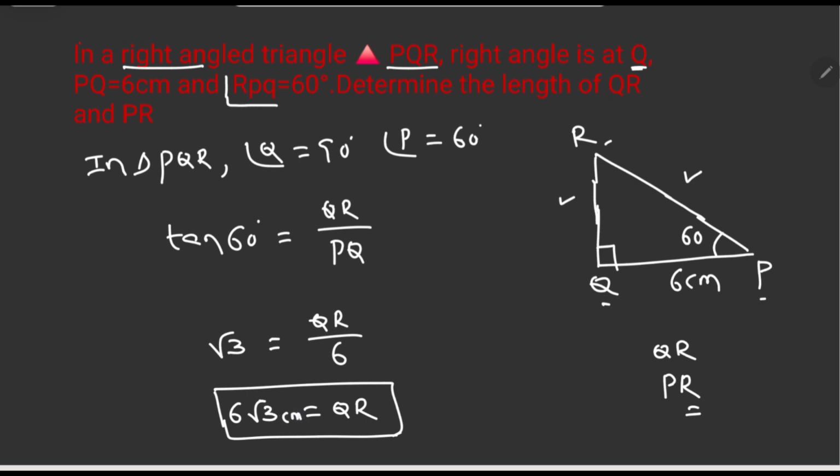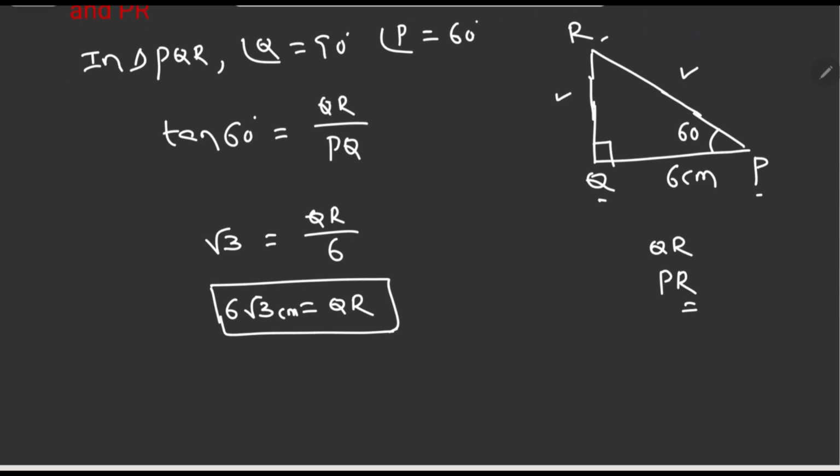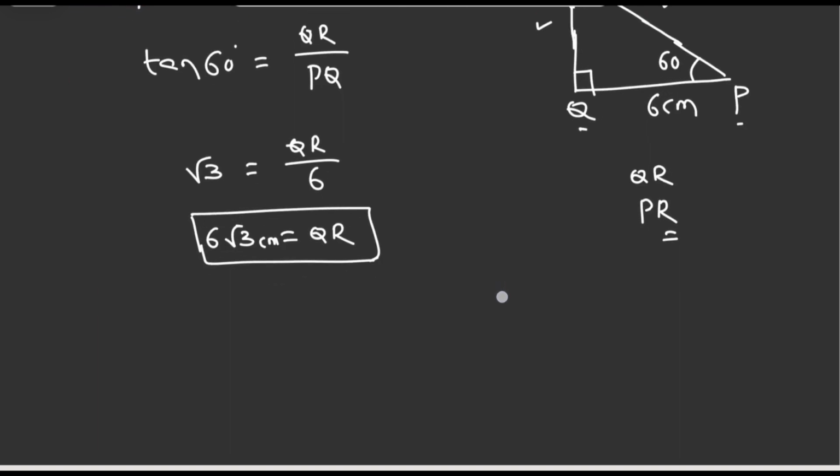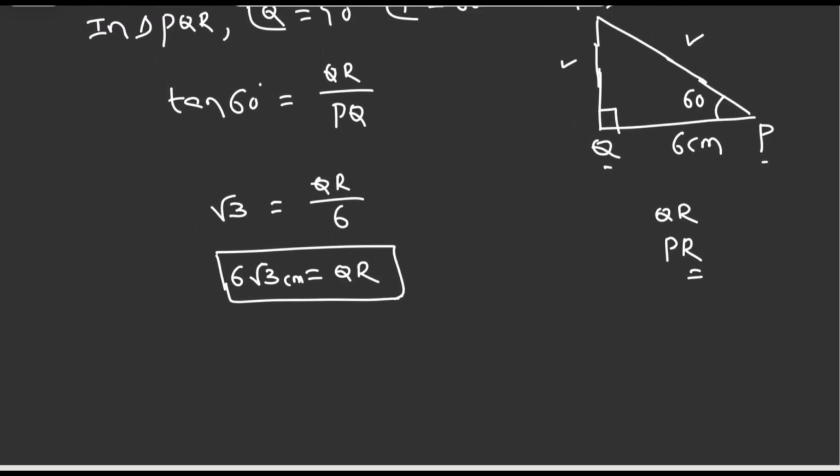Now similarly, so we got the opposite. Now by using the adjacent, we have to find the hypotenuse. So adjacent with the combination of hypotenuse, we can take cos theta. Cos theta is equal to adjacent PQ by hypotenuse PR.